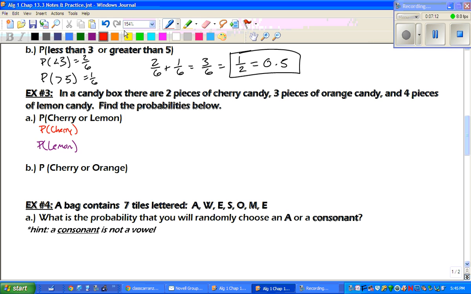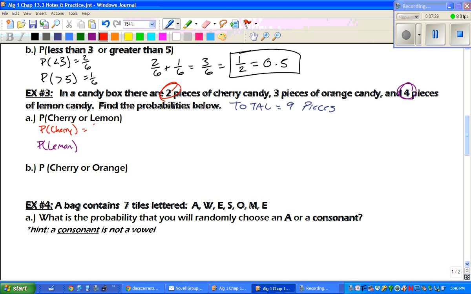Now, we know that cherry is 2, and the lemon is 4, but the one thing we don't have is the total. Well, to find the total, you would take 2 plus 3 plus 4, and that gives you 9. So there's a total of 9 pieces.